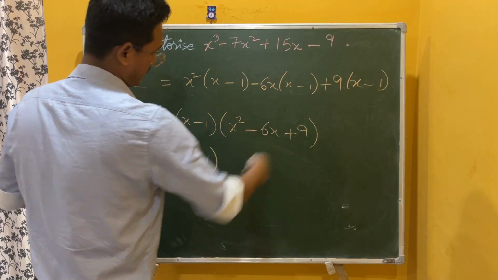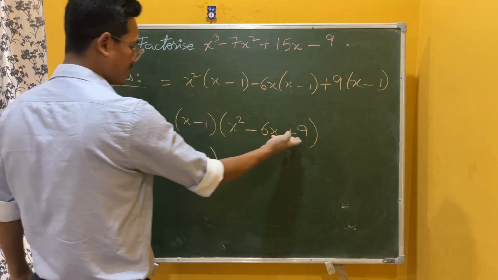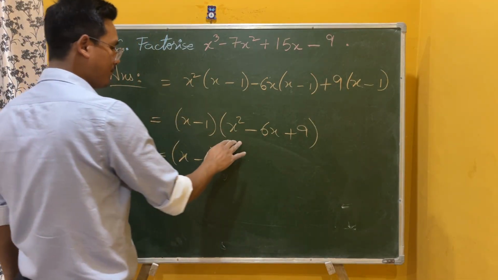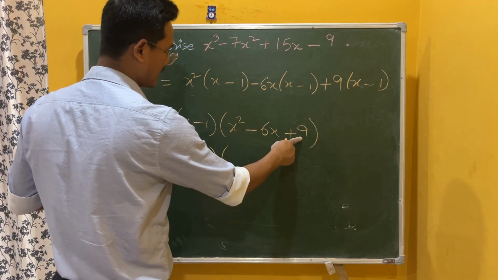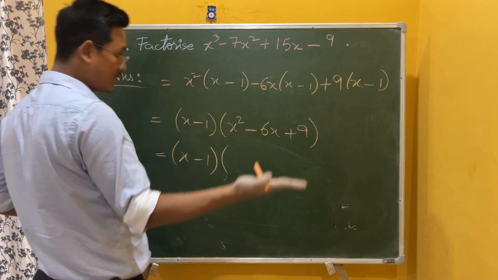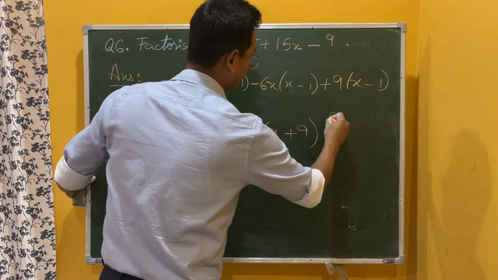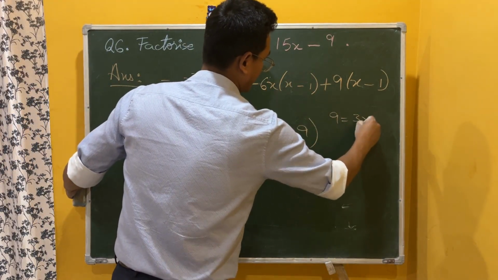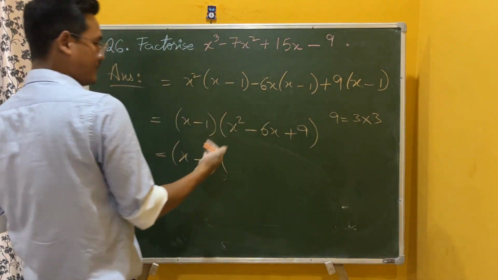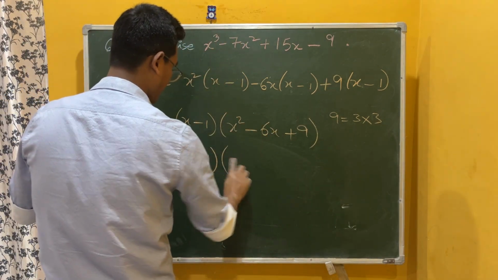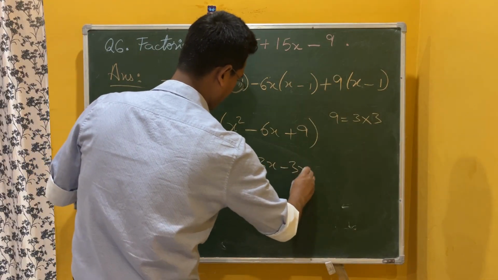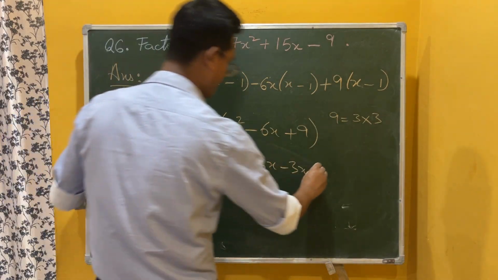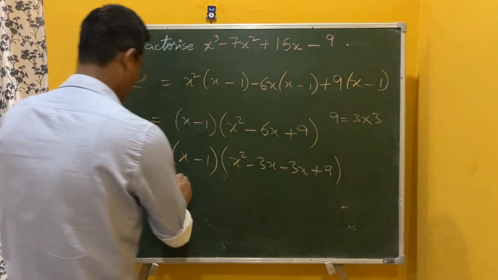So we further factorize this quadratic polynomial by the middle term split method. So this can be written as 9, 9 is 3 times 3, and if you add these two, the answer is 6. So it's going to be x square minus 3x minus 3x plus 9.